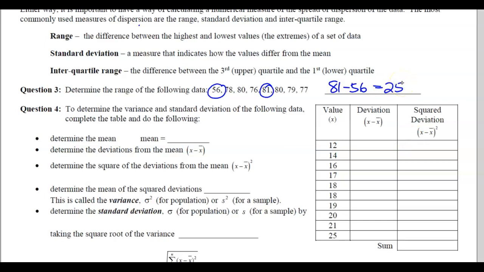Notice again, sometimes words in math, we use them in different contexts. The range of a function is the highest to lowest y values, or dependent variable values, right? Here in a group of data, it's the highest minus the lowest, the actual difference between them.